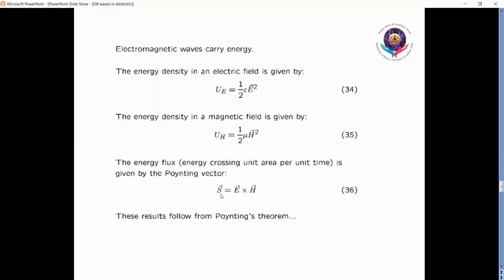S denotes the Poynting vector, and it is the energy flux, that is energy crossing per unit area per unit time. This is very important. S is energy flux, and that is energy crossing per unit area per unit time, not the total energy. So remember it.